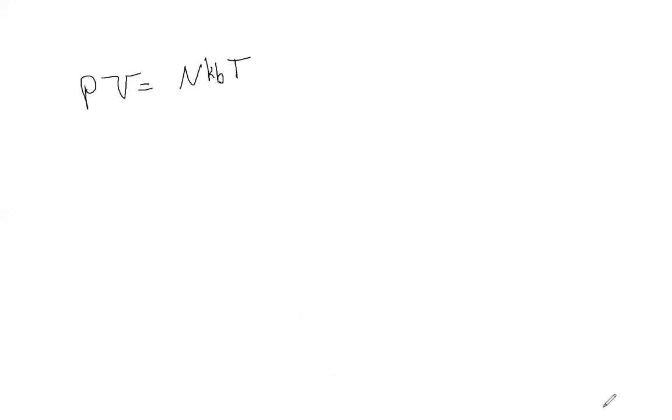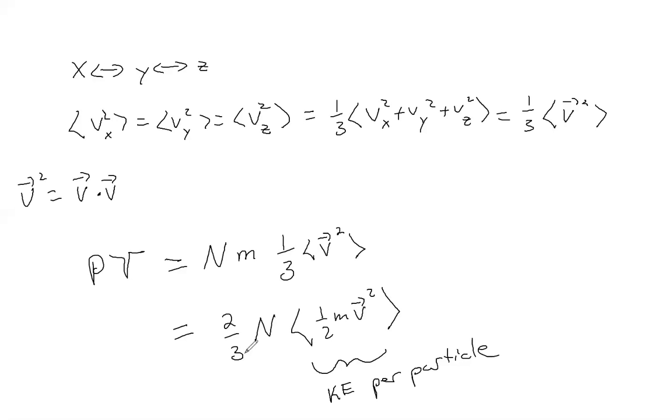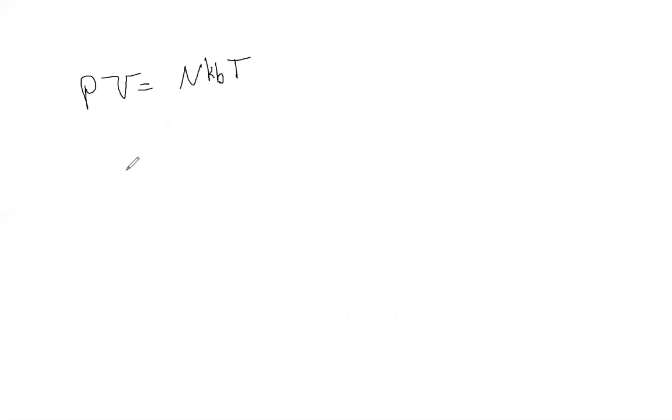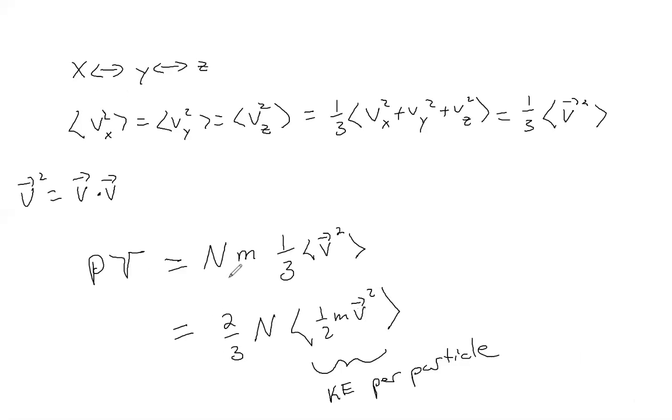But comparing coefficients, what that means is that temperature must simply be, it must be that Kb times temperature is nothing other than 2/3 times the average kinetic energy per particle.